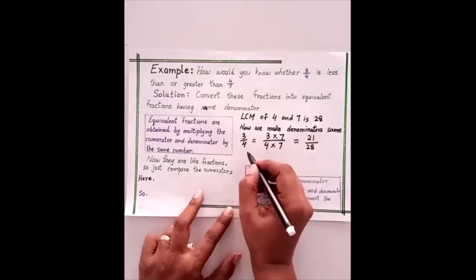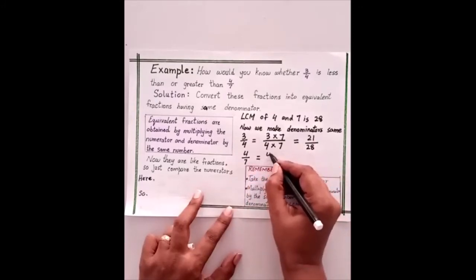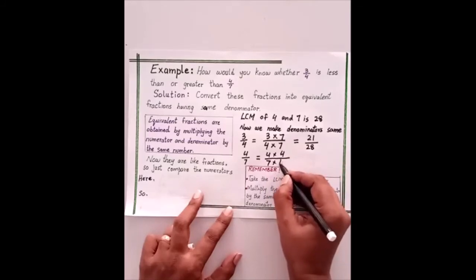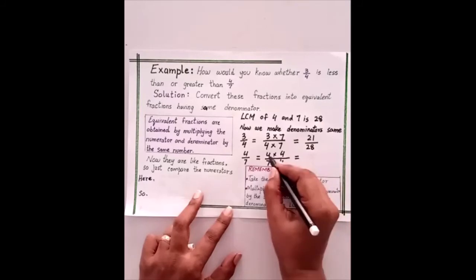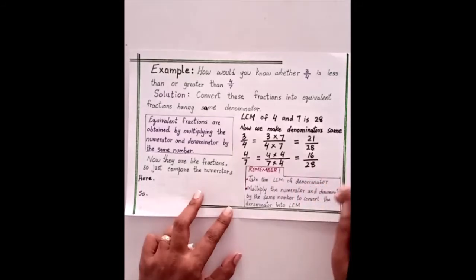Now here we will see the next number, 4 upon 7. We will again multiply the numerator and the denominator by the same number, with 4. 4 fours are 16, 7 fours are 28. So what you observe here, students?